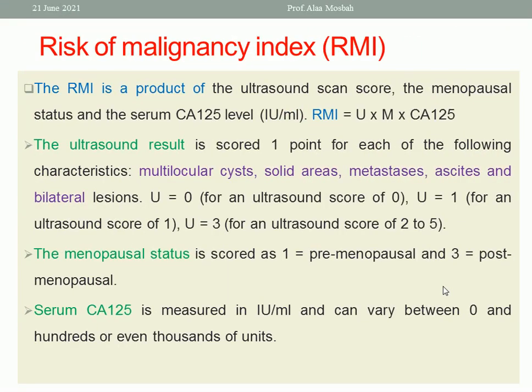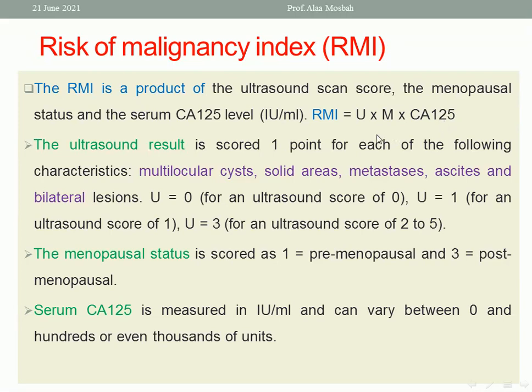What about the risk of malignancy index? How to calculate it? By this equation, we multiply the ultrasound result by the menopausal state, and by the serum measure of CA125.